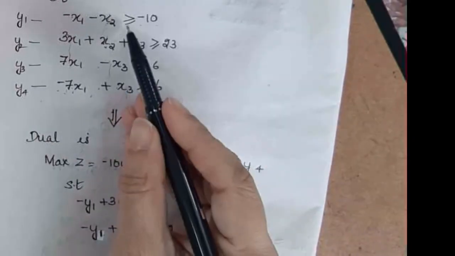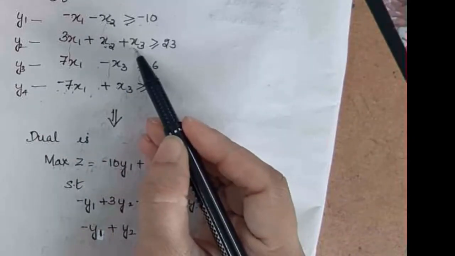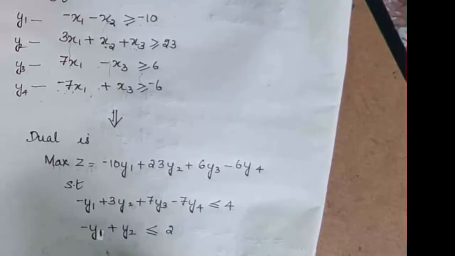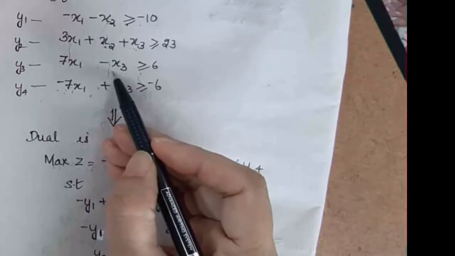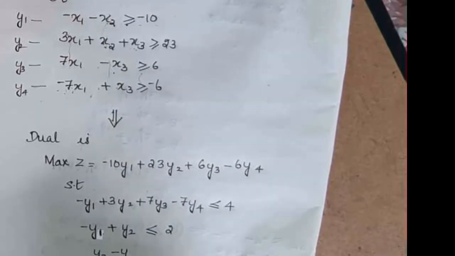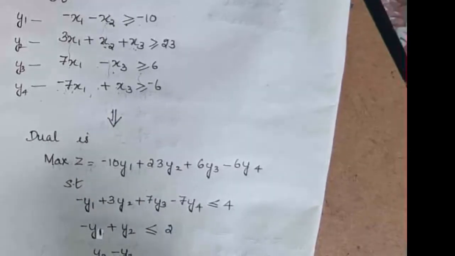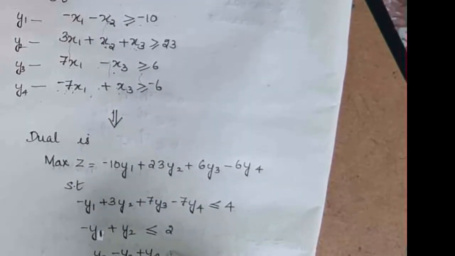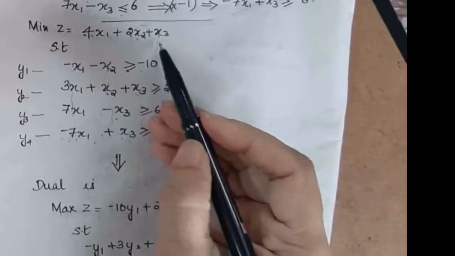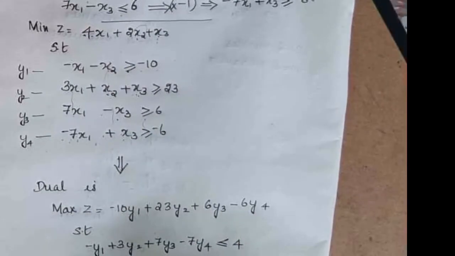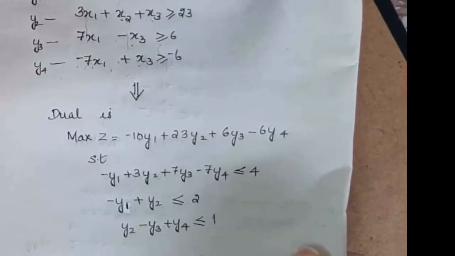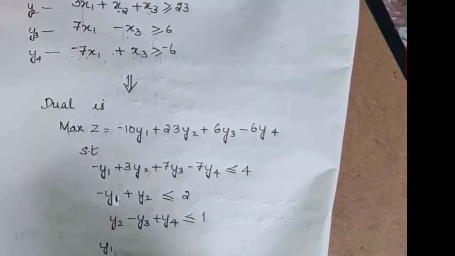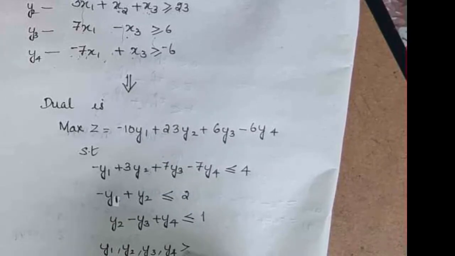So you can write here y2, you have one here minus y3, you have one here plus y4, less than or equal to the coefficient of the minimization third variable, that is 1. Okay, and then you write y1, y2, y3, y4 greater than or equal to 0.